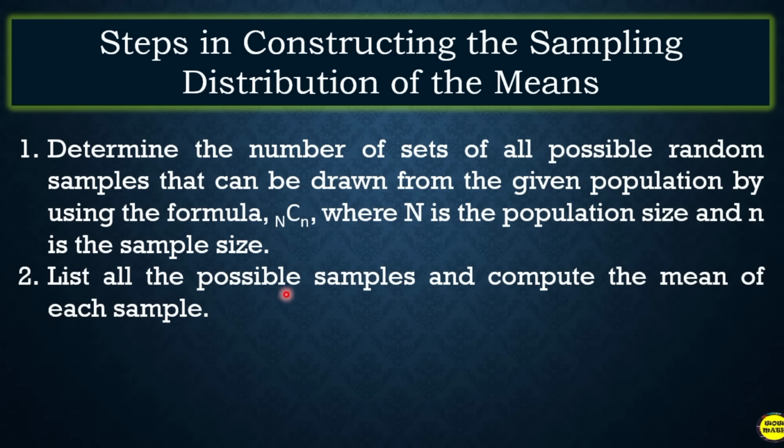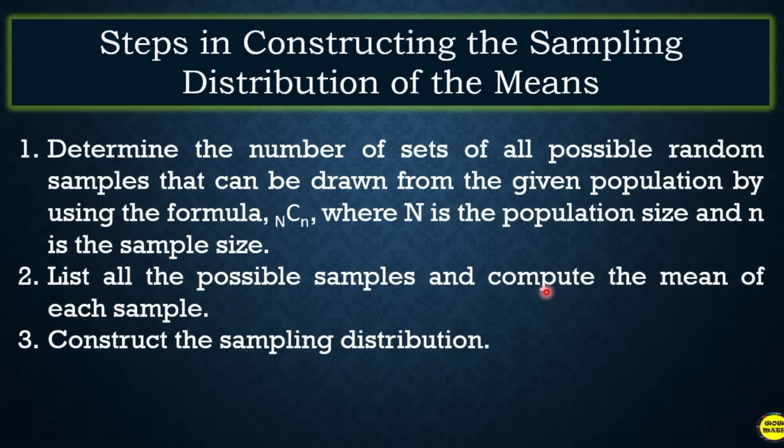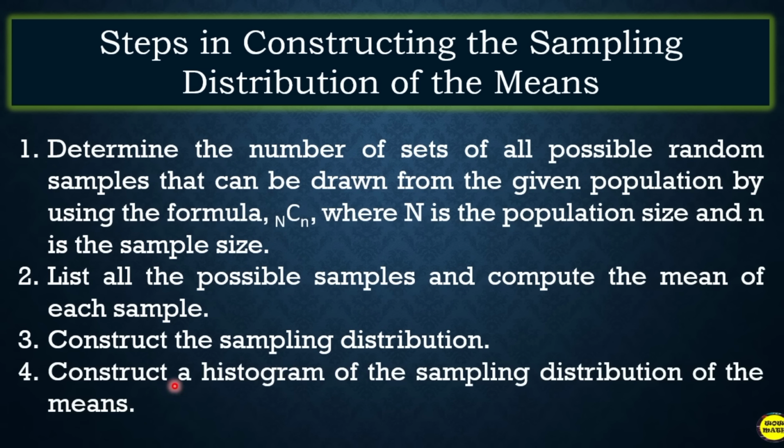Step number 2, list all the possible samples and compute the mean of each sample. Number 3, construct the sampling distribution. And number 4, construct a histogram of the sampling distribution of the means.